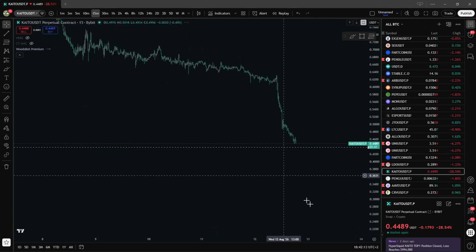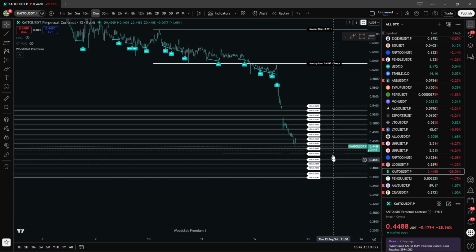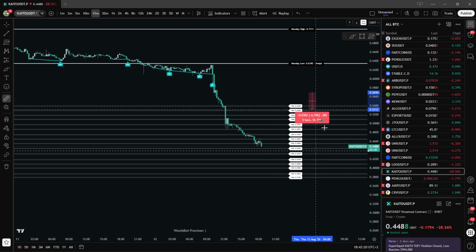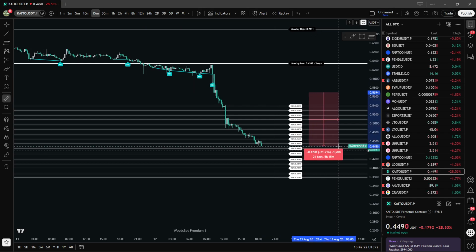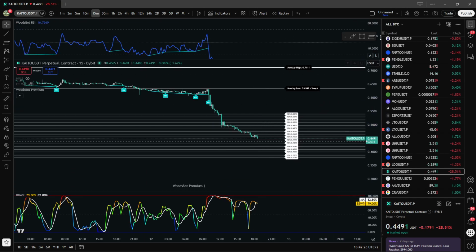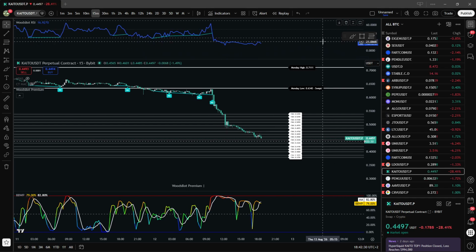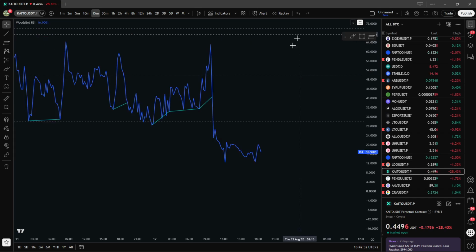Does it even have bullish divergences? Look at this. It doesn't even have bullish divergences. It dumped 20% and it doesn't even have bullish divergences, only 50 minutes. What the fuck? This is pretty nuts.